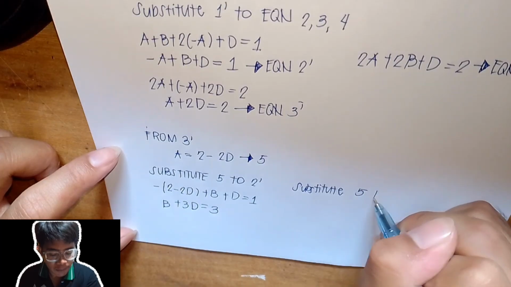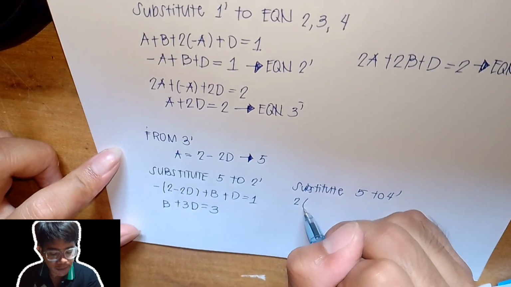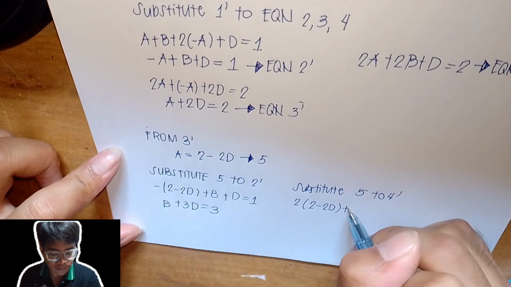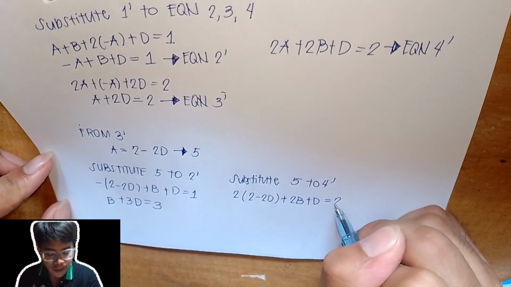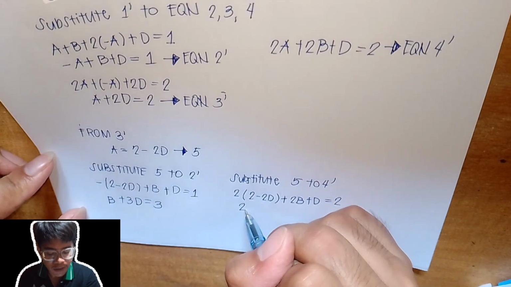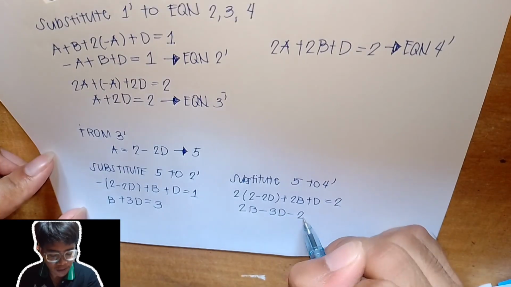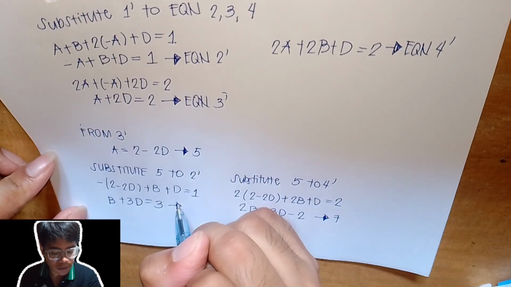Substitute equation number 5 into 4 prime. 2 times 2 minus 2D plus 2B plus D is equal to 2. 2B minus 3D is equal to negative 2, equation number 7.